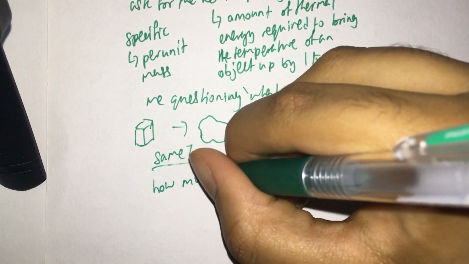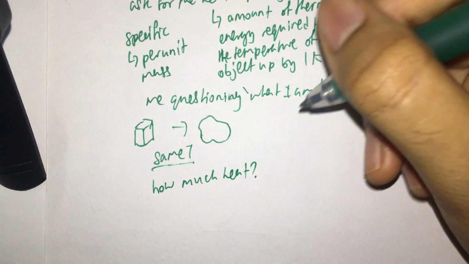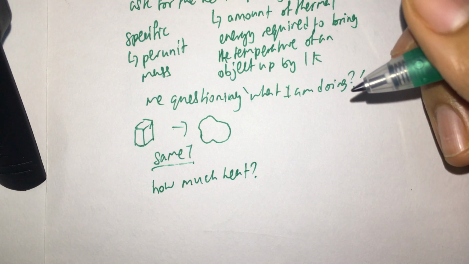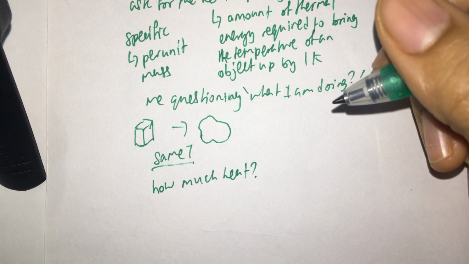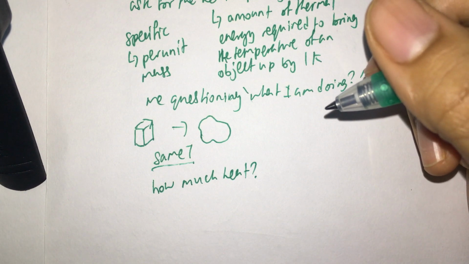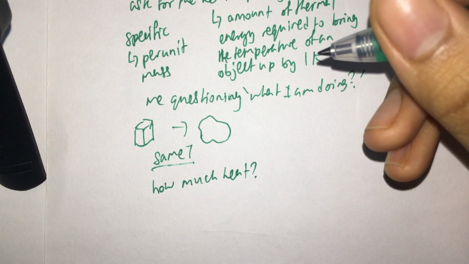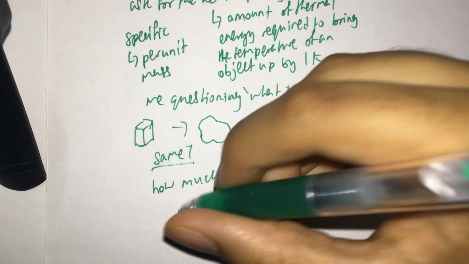So it is possible to supply heat energy into an object and not have it increase its temperature. So what would this heat be called? It would be called the latent heat of the object.